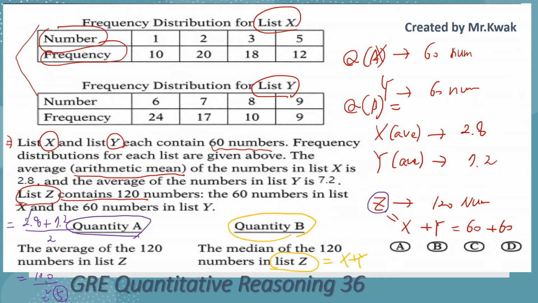So what we have to do is write down all the numbers of X and then all of the numbers of Y, because list Z is the combination of list X and Y, and then we can figure out the median of the 120.